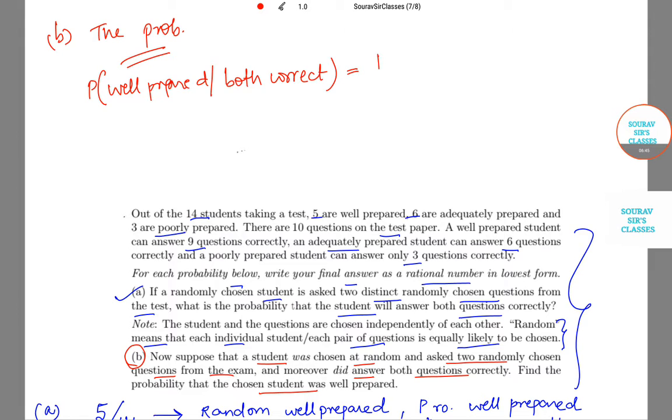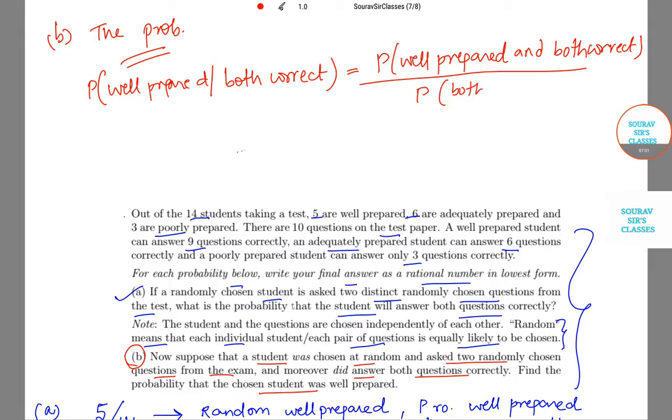So this will be the probability of well prepared intersection both correct, and the denominator will be the probability both correct. So you will have 2 by 7 divided by 31 by 70, and you will get 20 by 31.